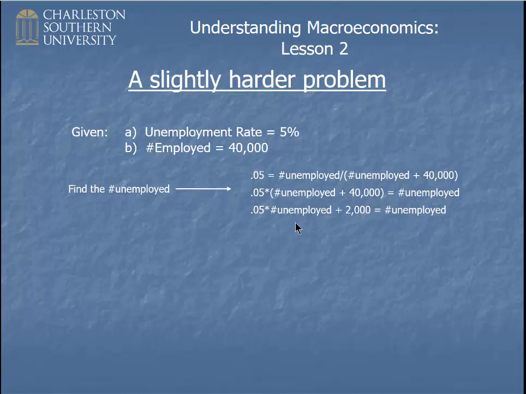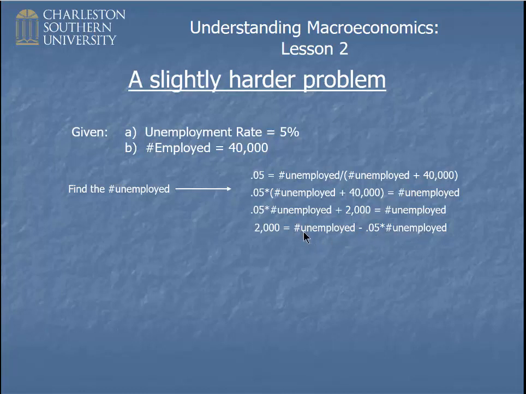Okay? Now, the next step is I'm just going to take this term right here and push it over to the right-hand side where there's a similar term. So I'm going to subtract this from both sides. When I do that, I still have the 2,000 on the left side, but now it's equal to the number unemployed minus 0.05 times the number unemployed. Now these two terms I can combine together.